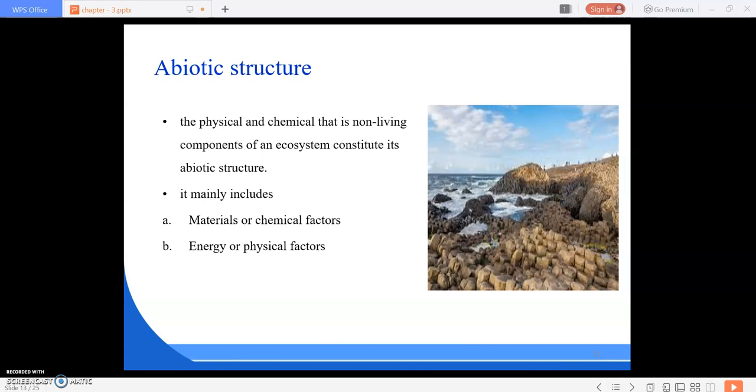It mainly includes two: first, material or chemical factors, and second, energy or physical factors. Materials are non-living things, and energy is also a non-living thing. These two are known as our abiotic structure, and without them we cannot survive in this world. We need these materials or chemical things and energy or physical factors.